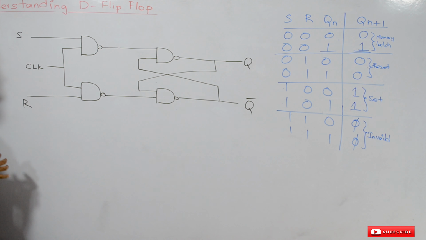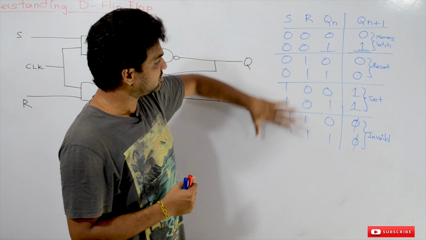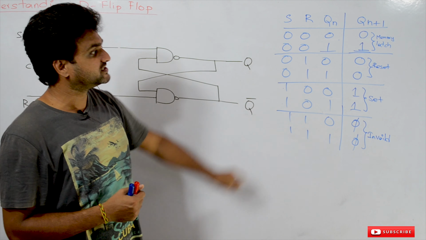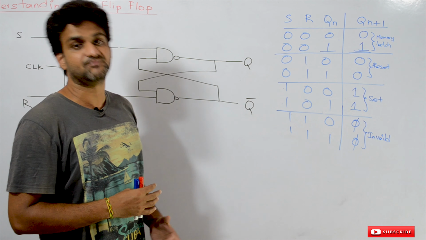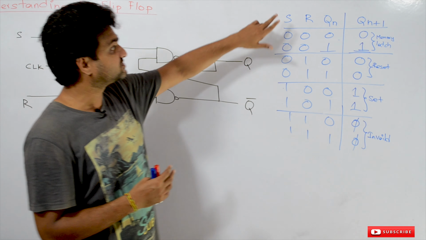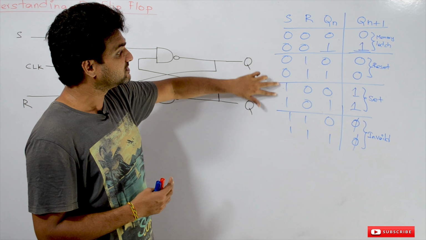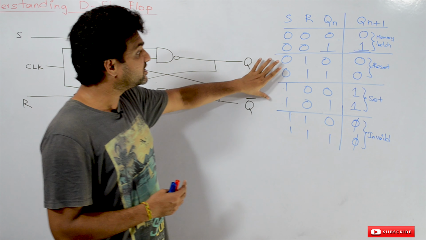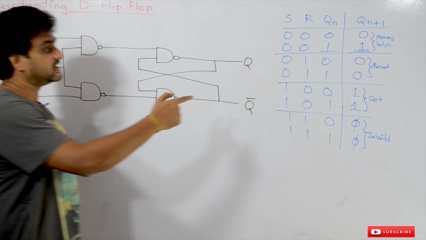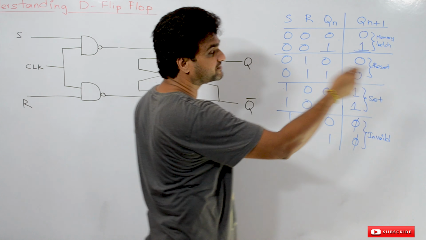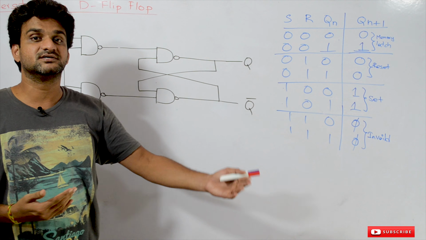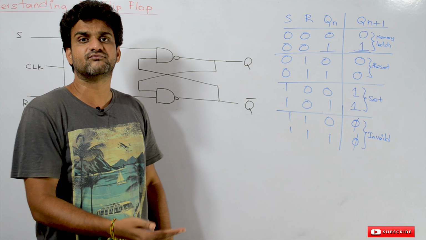Now, out of all these inputs of SR in this characteristic table, which one are we considering the most important? The most important ones are 0 1 and 1 0, because one is the input which is going to set the bit to 1, and the other is going to reset the bit. The bit that we would like to store in a memory device is either 0 or 1.